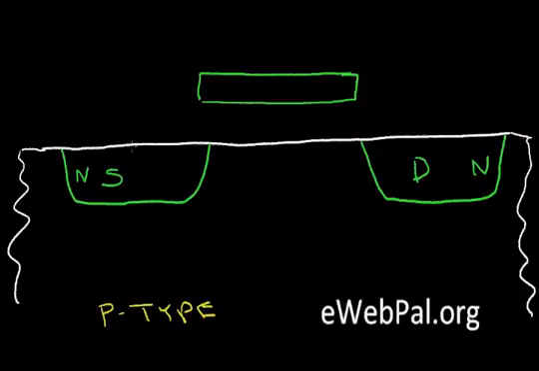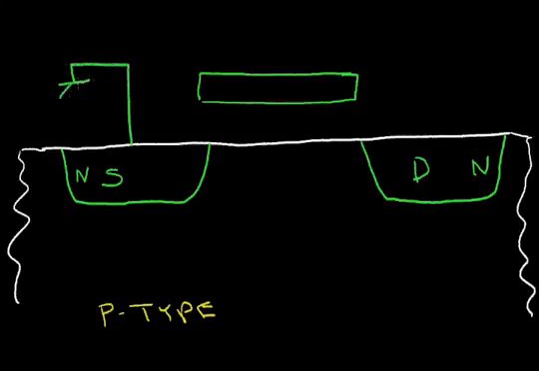And for an N-channel or NMOS transistor, the source is usually at a low voltage, such as ground. And the substrate, let's say that is also at ground. Let's examine what happens when we change the drain voltage to a higher voltage than ground.